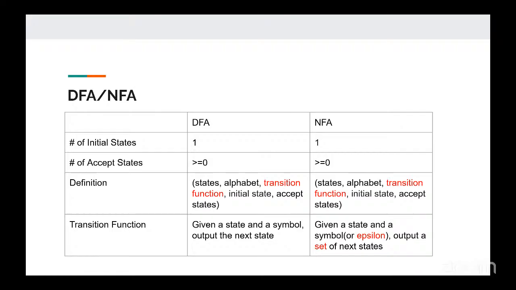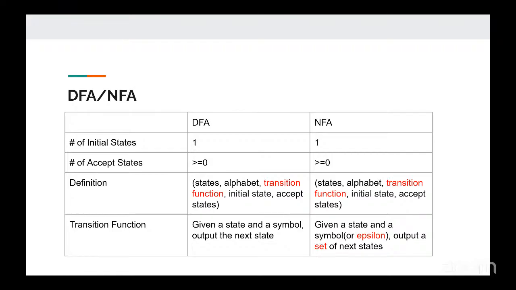The difference is when we come down to the transition function. A DFA is deterministic, so at every single stage of reading your input string, you know exactly where you're going. This is very important to remember. It's only one computation that can be made. There are no parallel computations. If you're at state Qi and you take input A, you know you're going to Qj.